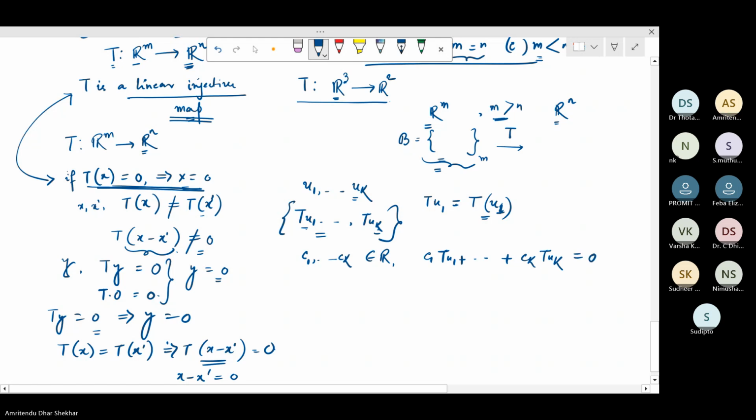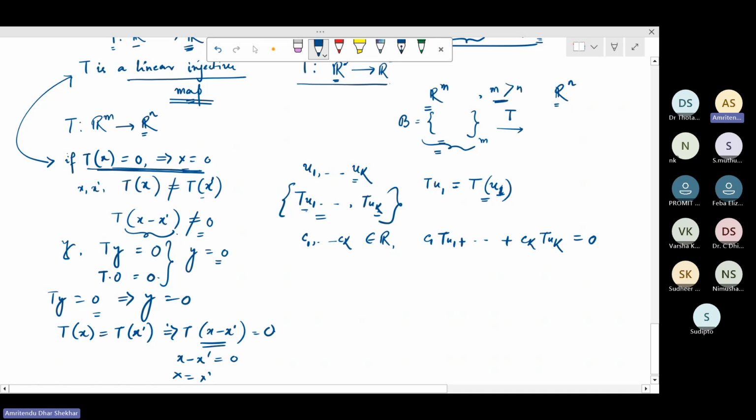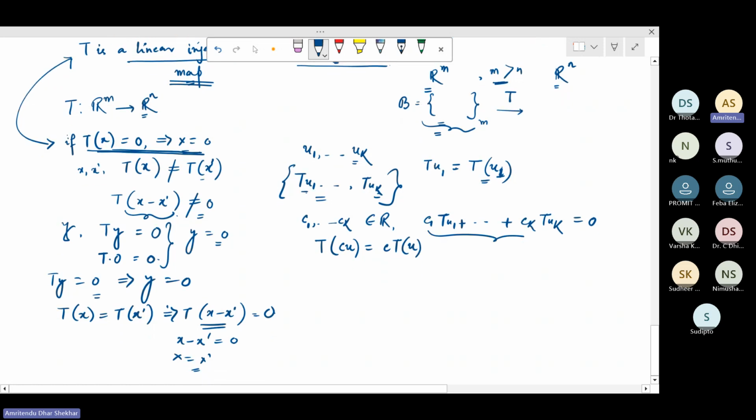Okay. Now T is a linear map. Because it's a linear map, every linear map satisfies this property: T of CU is equal to C of TU. So you can write this expression as T of C1 U1 plus CK UK is equal to 0. Now T is a linear injective map.